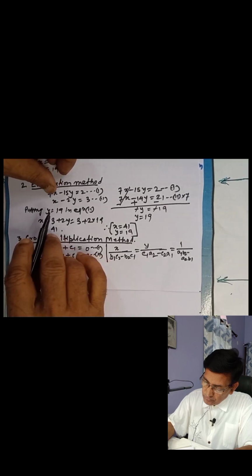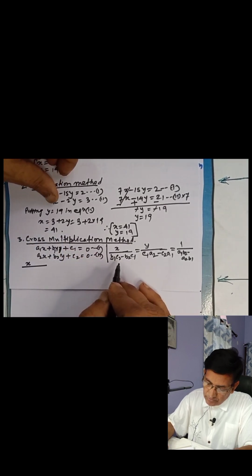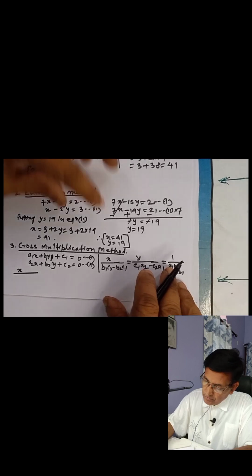x divided by b1 c2 should be written like this.